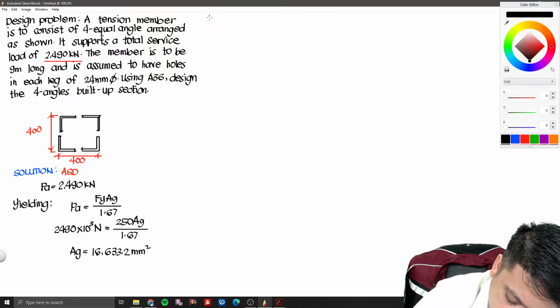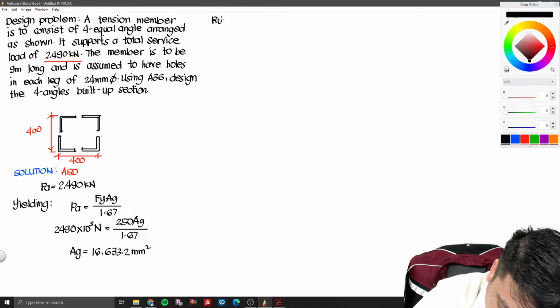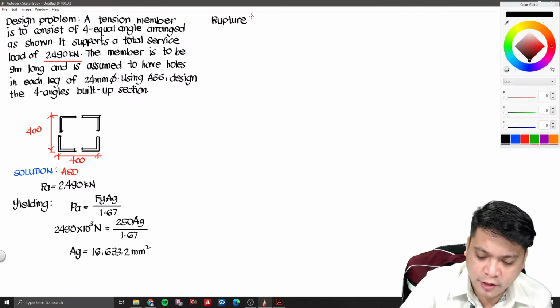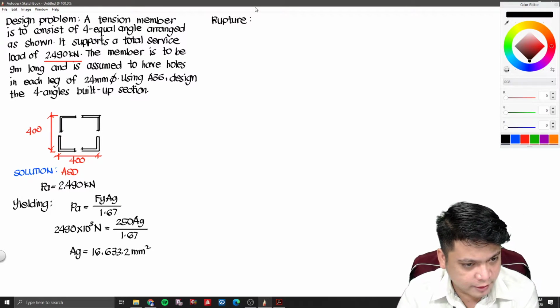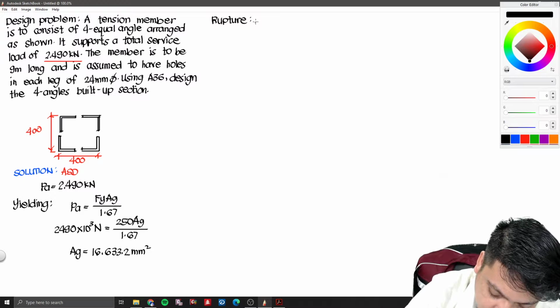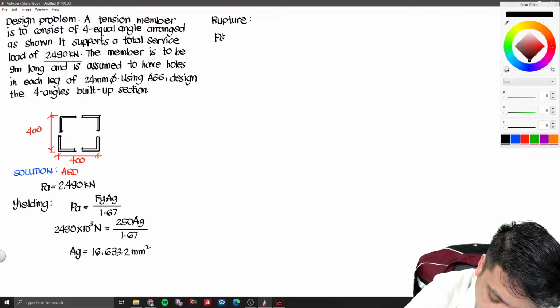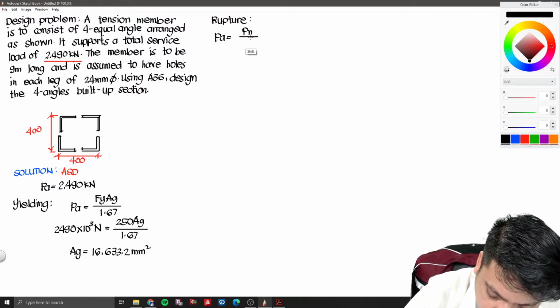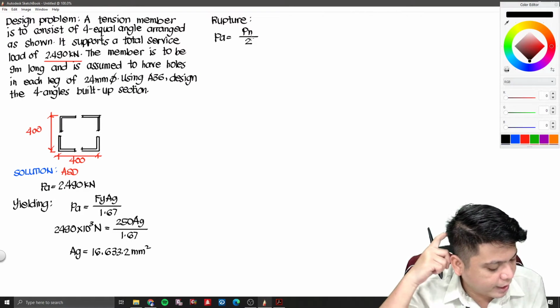Okay? Next, we will proceed with the rupture. Okay, so for the rupture, ima-minus natin yung hole, no? Okay, so for this one, ang formula naman natin dito is PA is equals to PN all over 2, no? Or all over omega, okay?